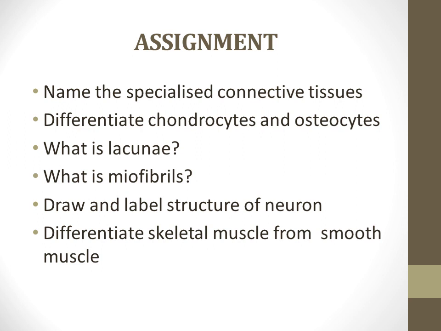So specialized connective tissues are cartilage, bones as well as blood. Fine. Then differentiate chondrocytes and osteocytes. Chondrocytes are the cells of cartilage tissue and osteocytes are the cells of bones. Right? Then what is lacunae? The osteocytes are present in spaces called lacunae.